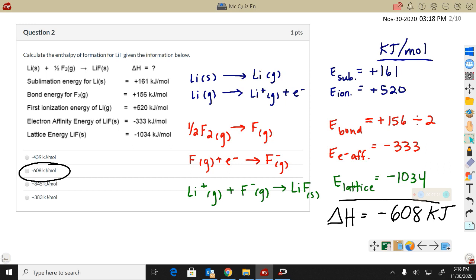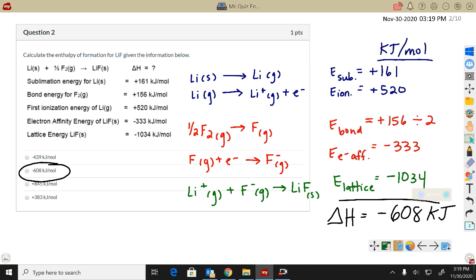Then even when I start to process the fluorine ion, it starts off endothermic. When we think about electron affinity energy, that is the energy released when an electron is gained to form a negative ion. But it's always measured from the atom being in the gas phase.